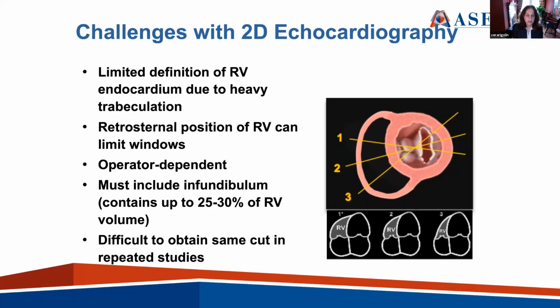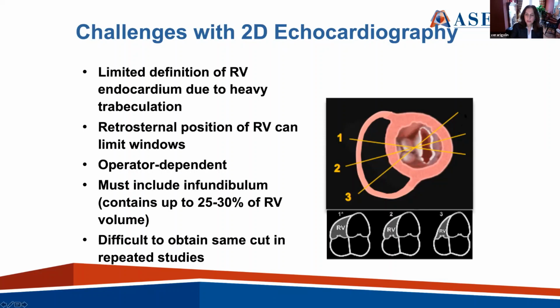Additionally, it is difficult to obtain the same cut in repeated studies, thus making it difficult to assess for changes in right ventricular size. This is well demonstrated in this diagram here. If we were to do a slice through the middle of the heart, as shown in number 2 here, we would get a fairly accurate assessment of the right ventricular size.